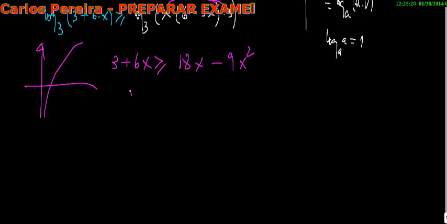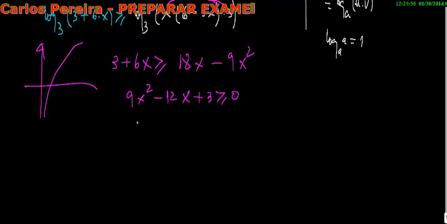So let's continue. If I did not make any mistake, I will have 9 x squared. This is going to the first member. I will have, it is quite simple to understand, minus 12x plus 3 greater or equals to 0. Okay? Now I want to put this expression a little bit more simple, and I can divide all the expression by 3, the left side and also the right side.